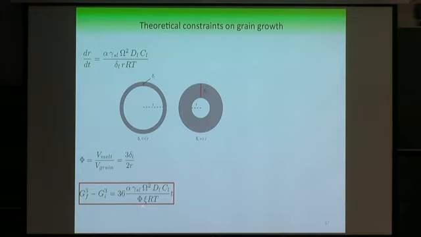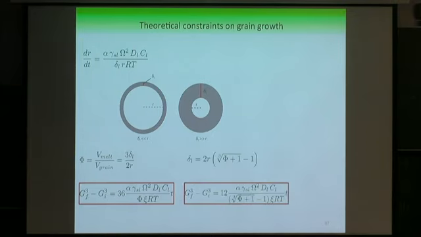Now, if the liquid width is bigger than the grain radius, then we get this kind of relation between delta L and phi and R, and we get once again a grain size exponent of 3 and these grain sizes, which are a function of the melt content.